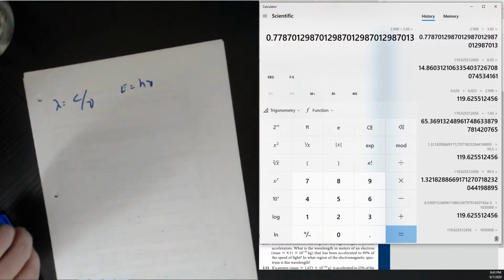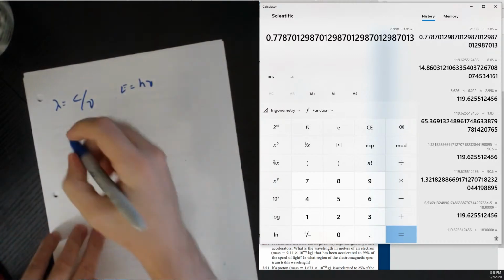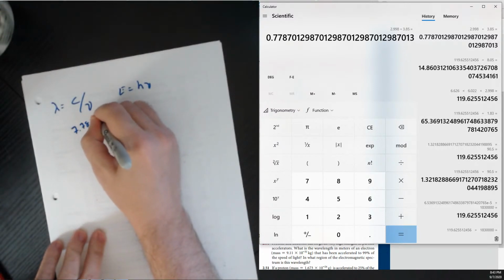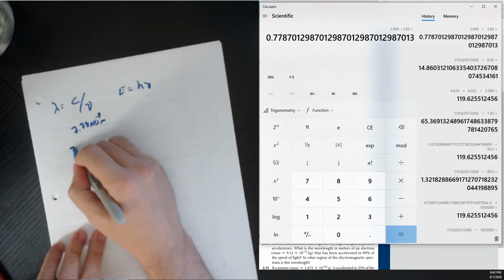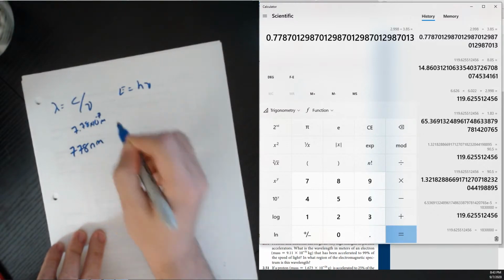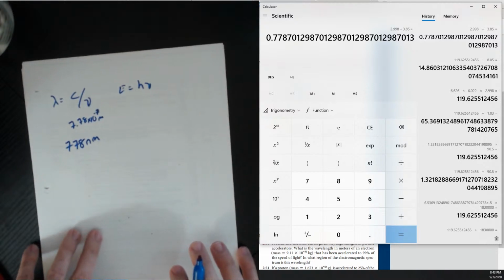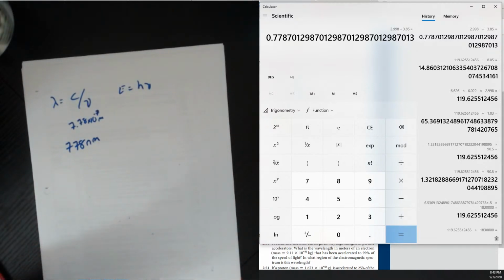So that is 7.78 times 10 to the negative 7th meters, or 778 nanometers. That might be red if you have a particularly good set of eyes, but that's near infrared.